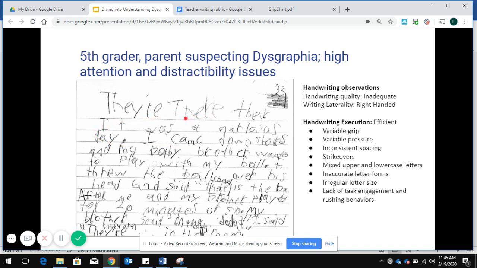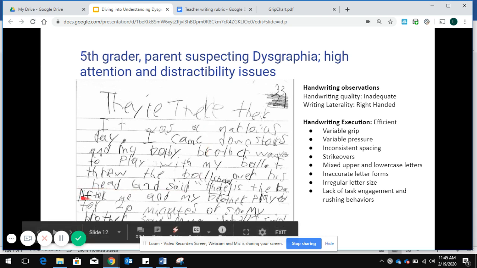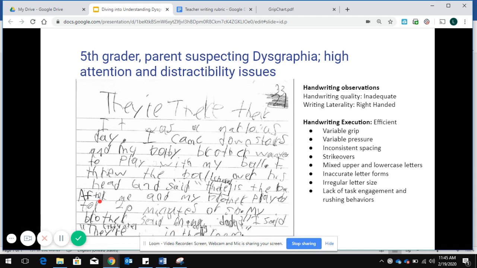Like in here, you see the quality, or the way you see the letters, is light. The pressure that he was putting on the pencil was definitely less than what he did in here. Look how dark this is over here. So that's why the pressure was variable.